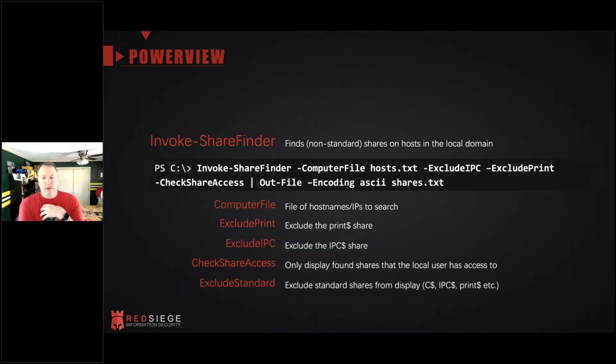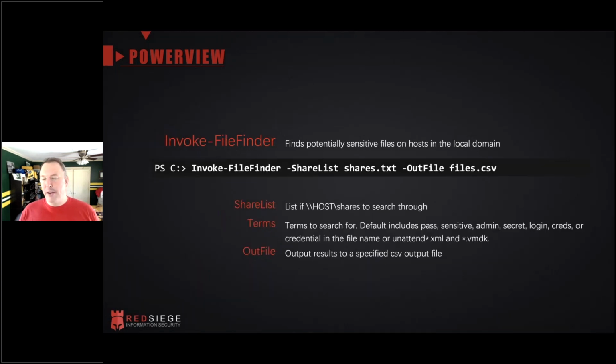The great things we can do, some great ways we can sort of test this out. I love the file finder. Oh shoot, I didn't update that link, but there's the find interesting files, which sort of supersedes this. I forgot to update this slide. Actually, I did, just in a different copy. But these two used together, we can look for file shares with sensitive information. I mean, they're called file shares because they share files, right?